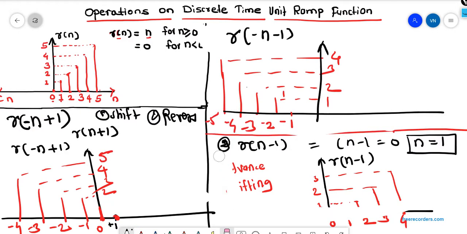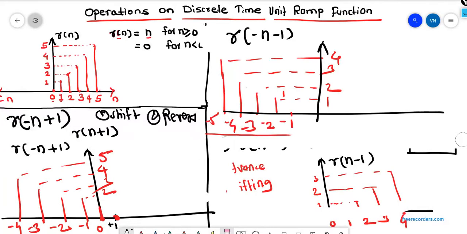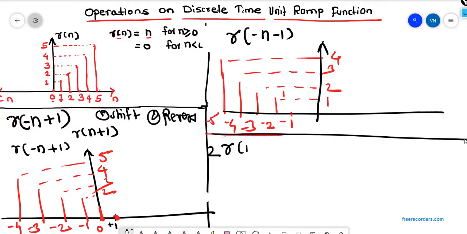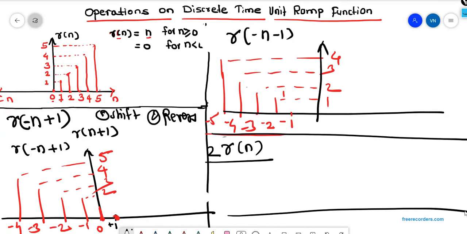Next, if I write another operation, like r of 2 into r of n, what is the meaning of this? Basically you have to amplify the signal. What is the amplitude for 0? Obviously it is 0. For 1 having a 1 amplitude, now that amplitude will be 2.